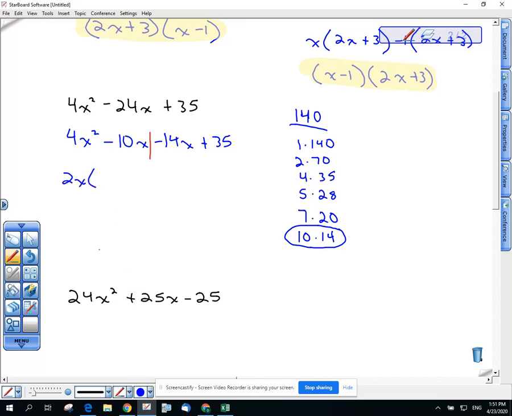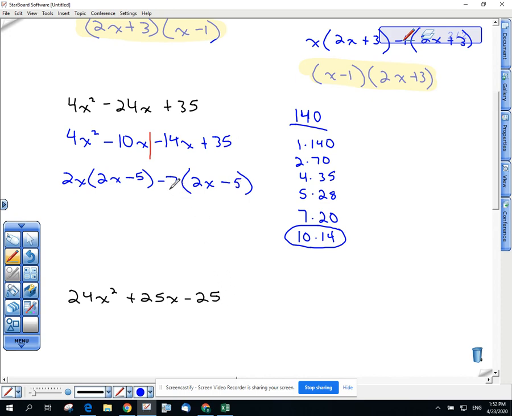The GCF of 4x squared and negative 10x would be 2x, which is 2x minus 5. Here you'd get a negative 7, which again is 2x minus 5. Process that for a second. Make sure I did that right. You take negative 7 out of negative 14, you get 2. You take negative 7 out of positive 35, you get negative 5.